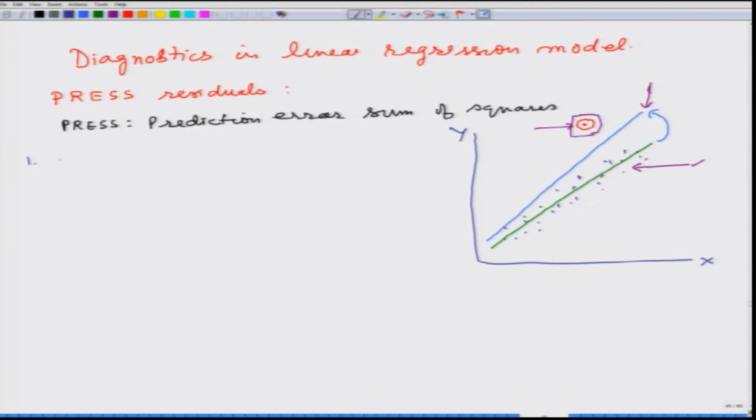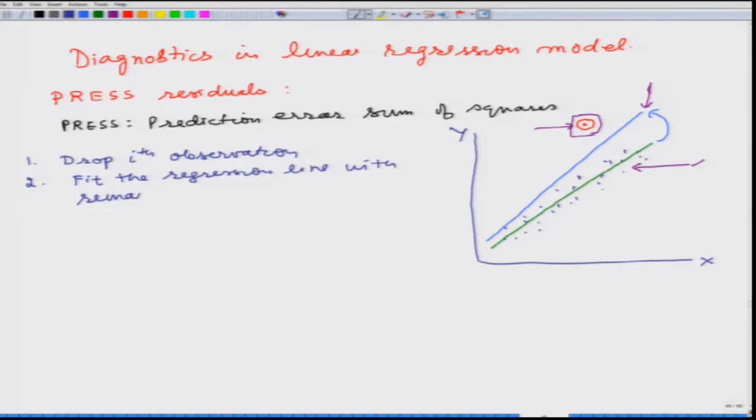First step is to drop the ith observation. In the second step, fit the regression line with the remaining observations.